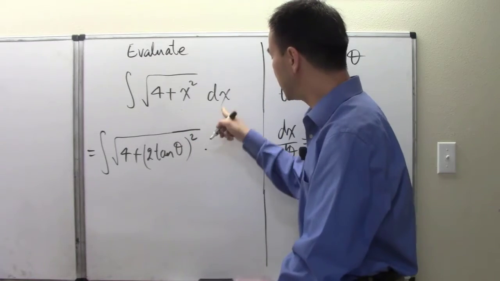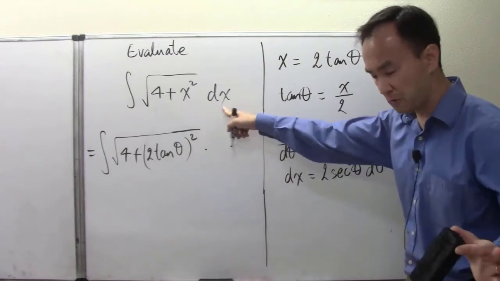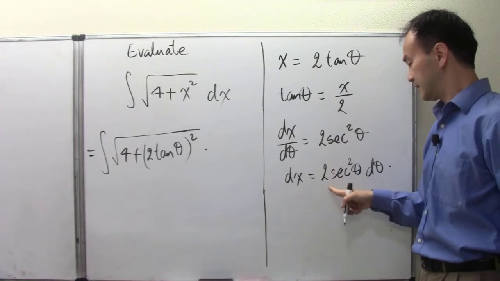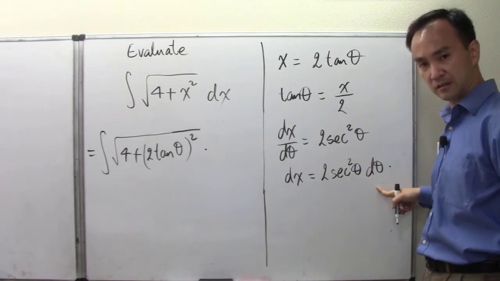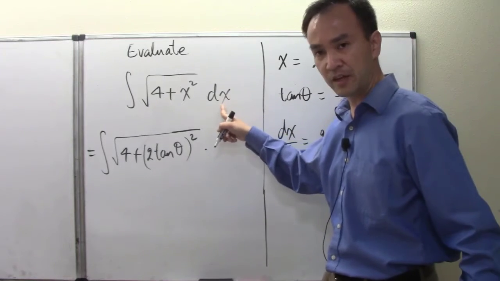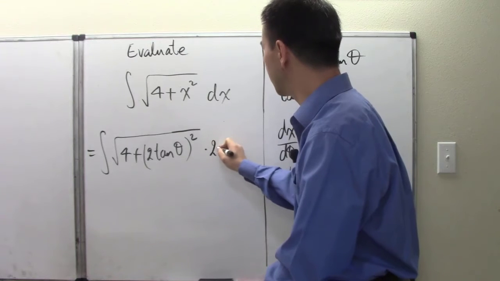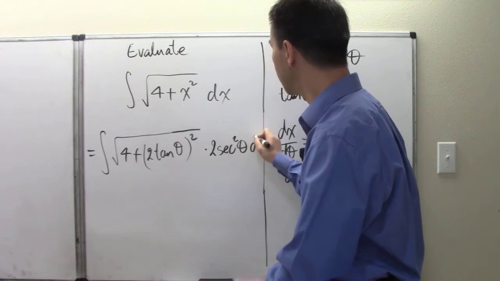And then the dx right here, now we also have derived for ourselves a substitution expression for that. 2 times secant squared of theta, d theta, is to be substituted for dx right here. So now I'm looking at 2 times secant squared of theta with a d theta.